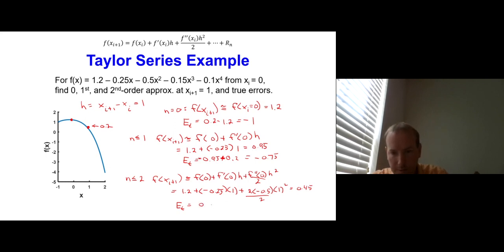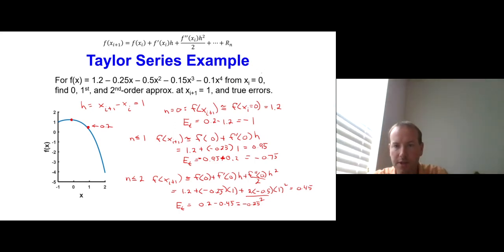And so our true error is 0.2 minus 0.45, which is negative 0.25. So what we can see is that originally with a zero order approximation, our error was negative 1. Then with a first order approximation, it went to negative 3/4. And now with a second order approximation, our error is at negative 0.25.